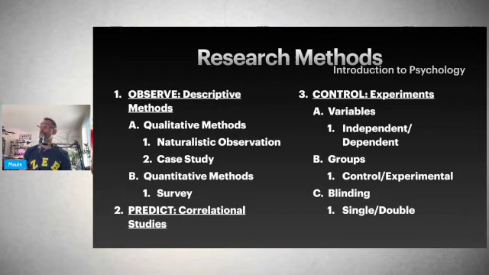So we can either observe, and observe could start with anecdotes and move on to naturalistic observations and case studies, and we can send out surveys. And then a step above just observation is the attempt to predict. These are the correlational studies. And a step above observing and predicting would be controlling. And it is through controlling your variables that you are performing an experiment.